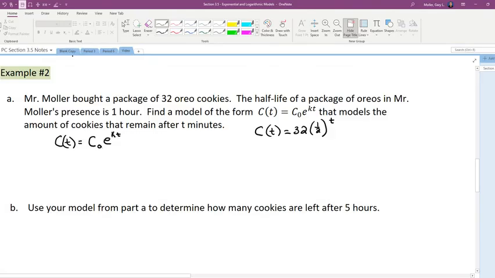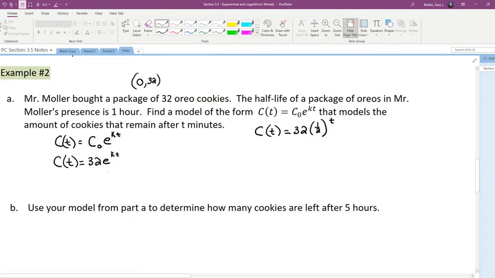So in this case, we could plug in the point at time 0, we have 32 cookies, but that's simply going to lead us to a place where the initial cookies are 32. So I know that we really have C of t equals 32 e to the kt power.